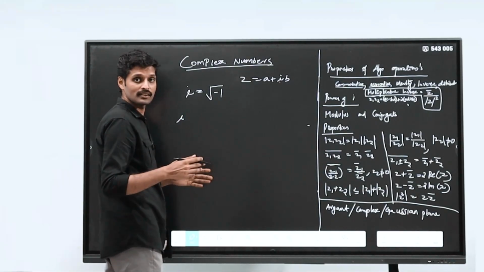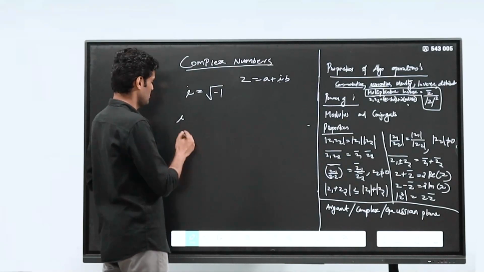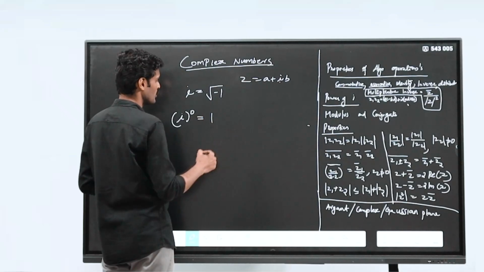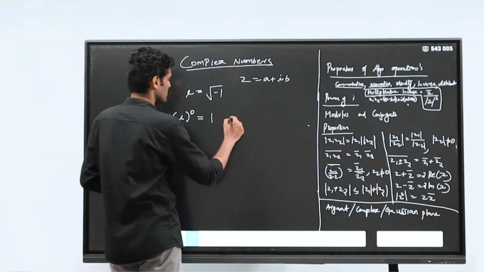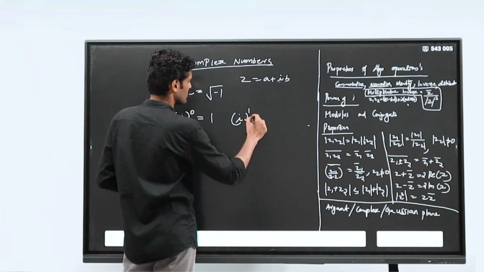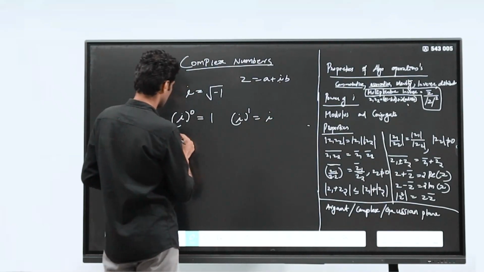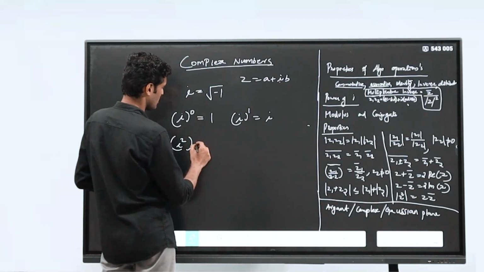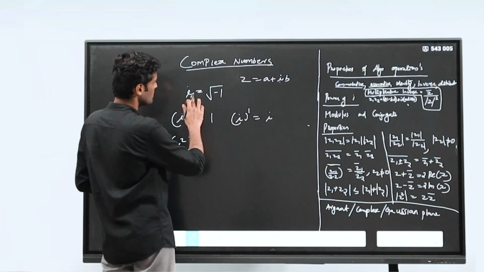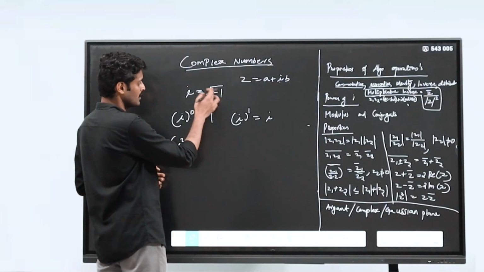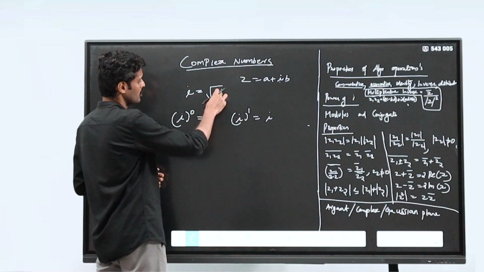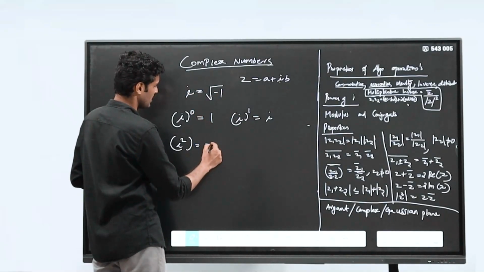Then we can elaborate with the powers of I. That is normally I raised to 0, anything raised to 0 is 1, as we all know. Then I raised to 1 is I. Then I square: we know that I equals root of minus 1, so after squaring, we get I square equal to minus 1.